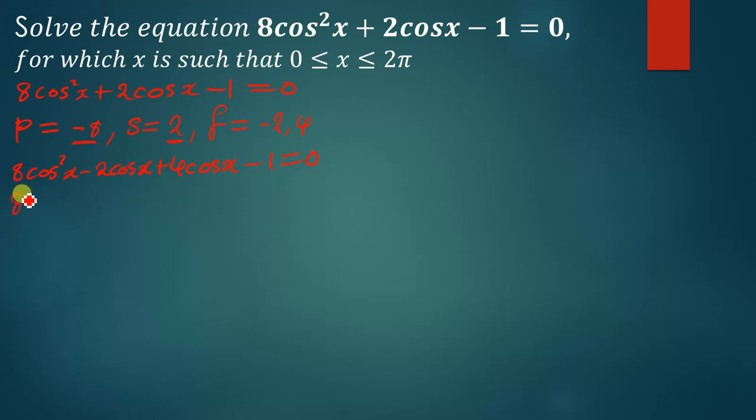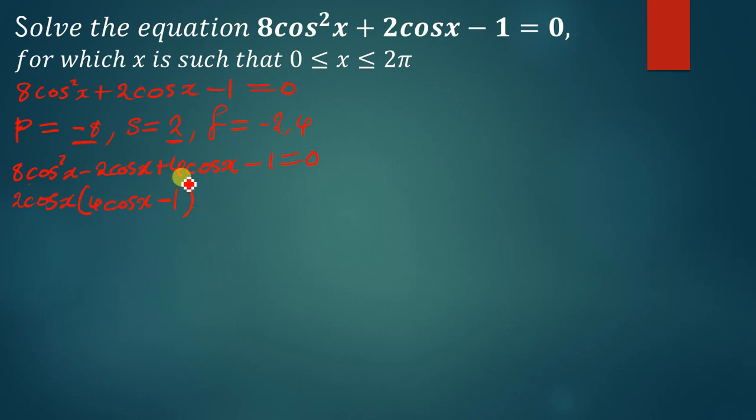Then here we can now factorize. The common part between the first two terms is 2 cos x. So 2 cos x is common, open brackets, 2 cos x into 8 cos squared x gives 4 cos x, and 2 cos x into -2 cos x gives us -1.